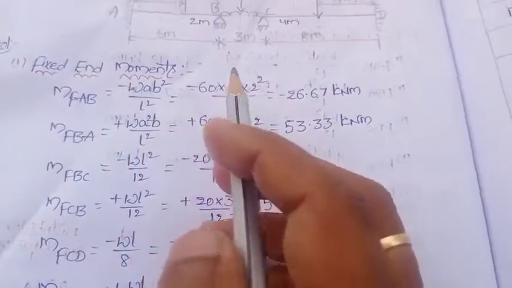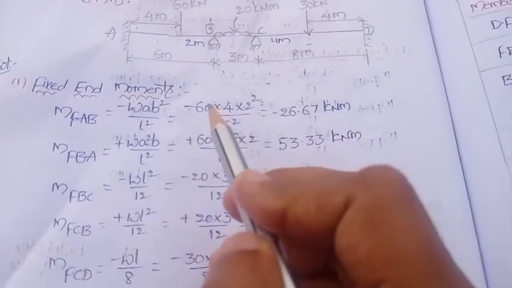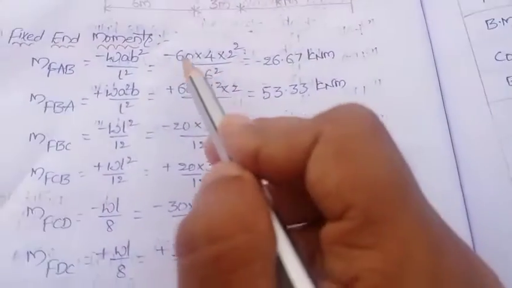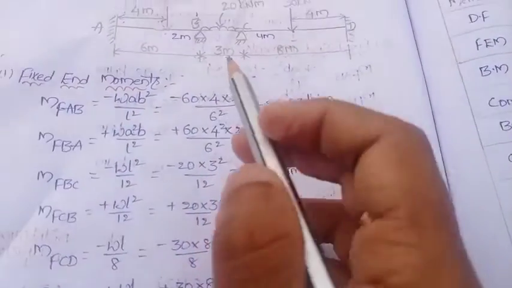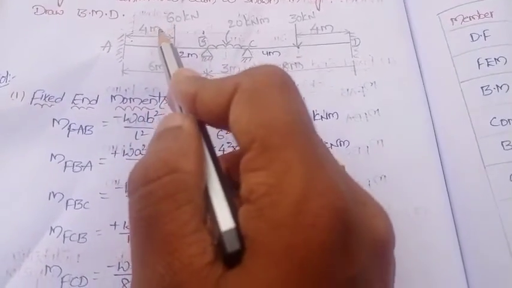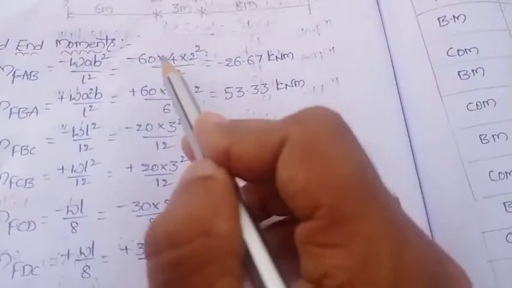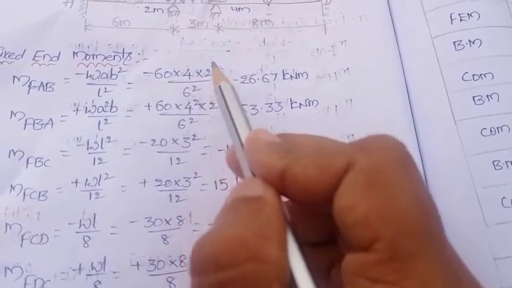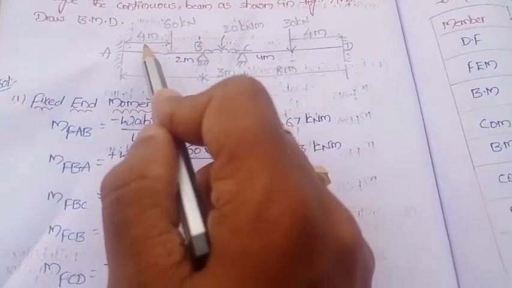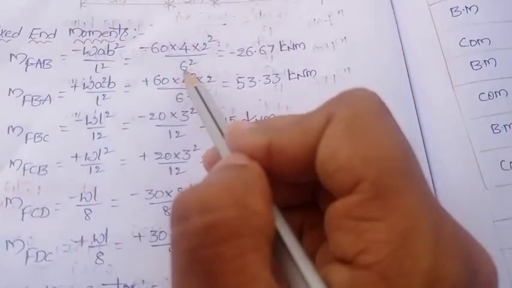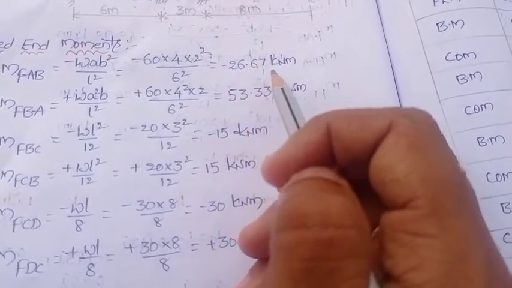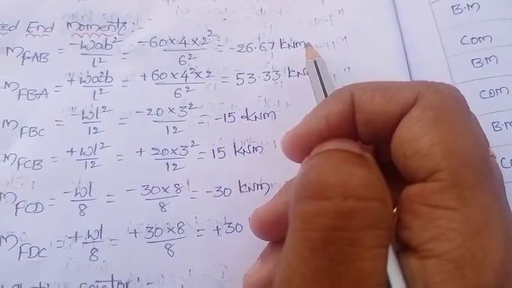The load is 60 kilonewton on the AB span: minus 60 into a, 4 meter, into b square, 2 square, by total length 4 plus 2, that is 6 square. That is equal to minus 26.67 kilonewton meter.